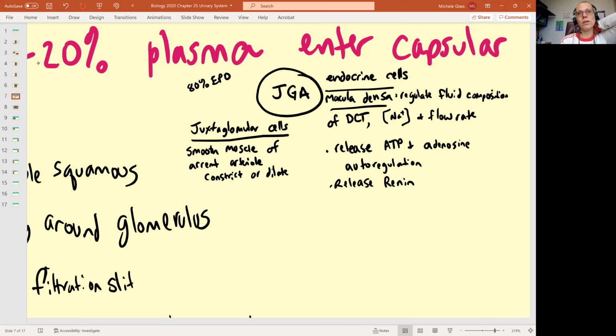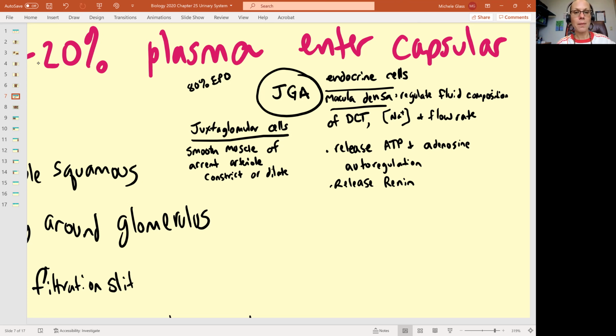So we'll see one of the major ways that we can control filtration that's happening at the glomerular capsule is by controlling the diameter of the afferent arteriole. So we'll come back to that idea, I think, as we go through.